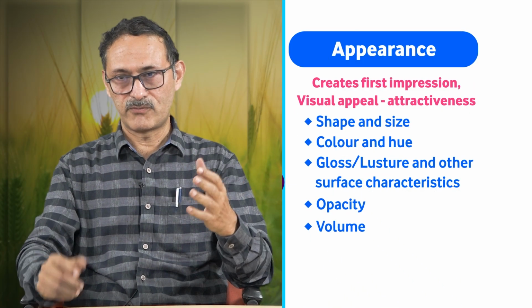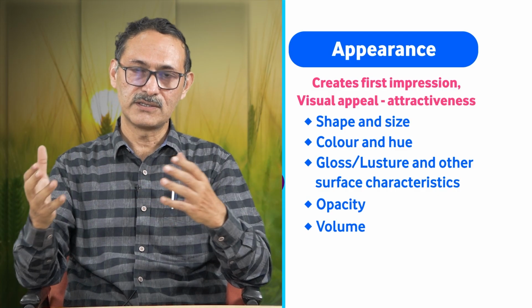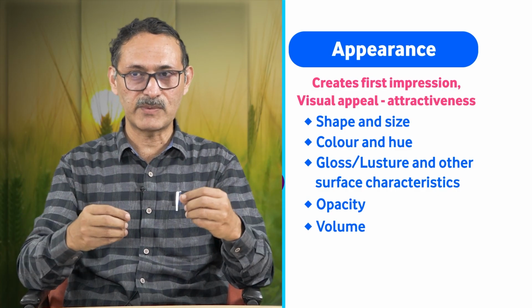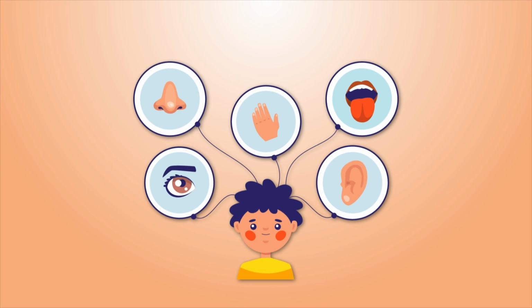If you are buying bananas, in terms of size, you will prefer a more voluminous banana as compared to a smaller banana if they are sold in number, not in kgs. That kind of judgment, that kind of evaluation, is where the human senses are involved. In very layman's language, they can be treated as sensory evaluation. So we are now listing the attributes. Appearance is one of the attributes.